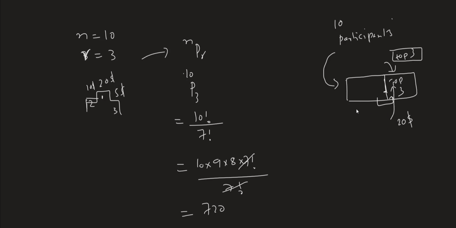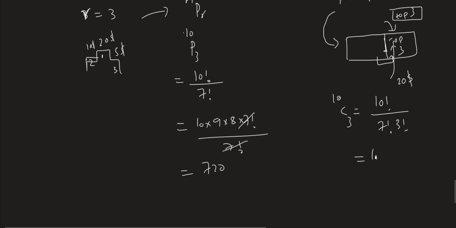So in that case, what we'll have is 10C3, which is equal to 10 factorial divided by (10 minus 3), which is 7 factorial, times r factorial, which is 3 factorial. So what we'll get is 10 times 9 times 8 times 7 factorial divided by 7 factorial times 3 factorial.